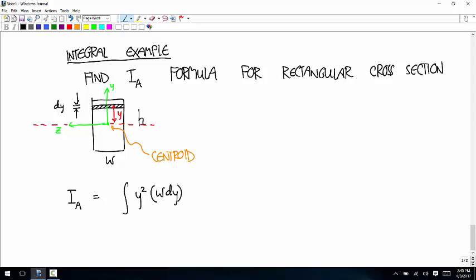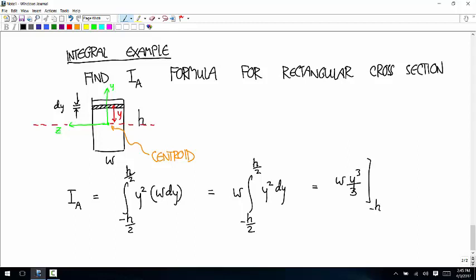And then we integrate from negative h over 2 to positive h over 2. You can pull the w out, that's a constant, and you get this integral, which gives you y cubed over 3, with the w in there, evaluated from negative h over 2 to h over 2.